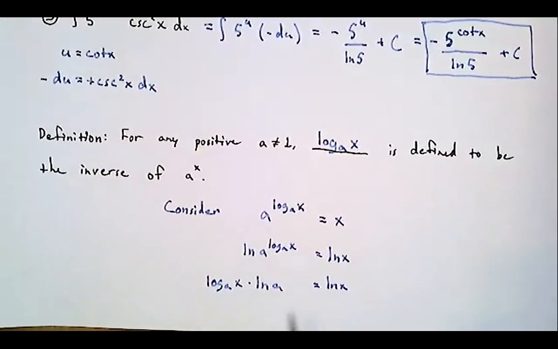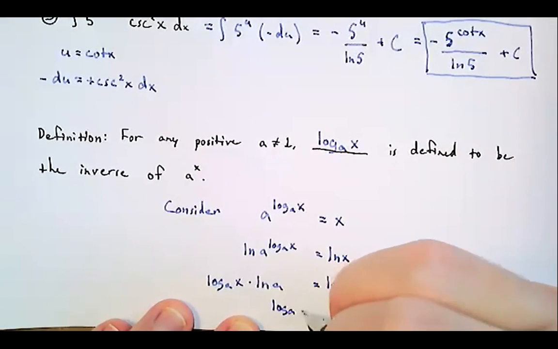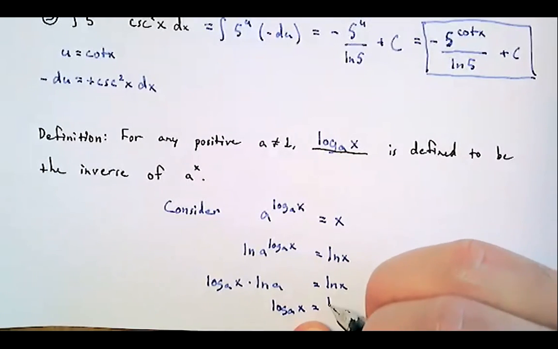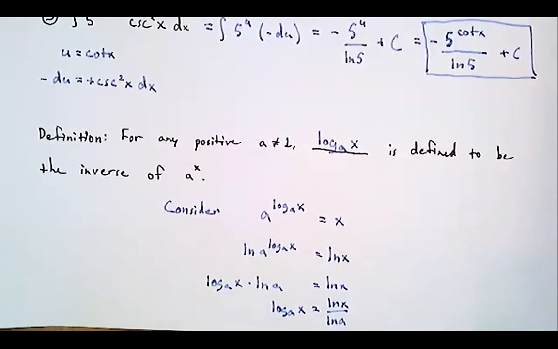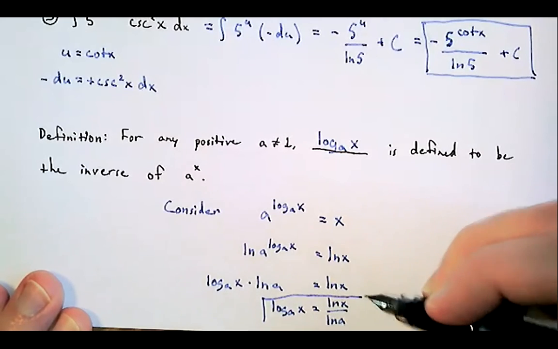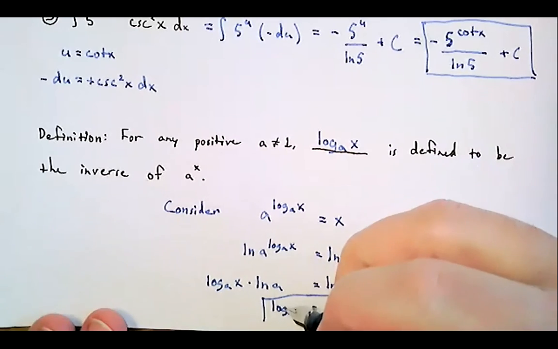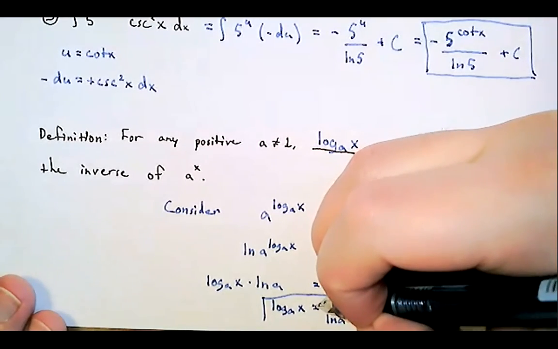I can rearrange my equation, divide through by this natural log, and we get this. So the log base a of x is actually equal to the natural log of x divided by the natural log of a. So these new logarithms are actually my old logarithm, and I divide by a number. So really nothing new here.